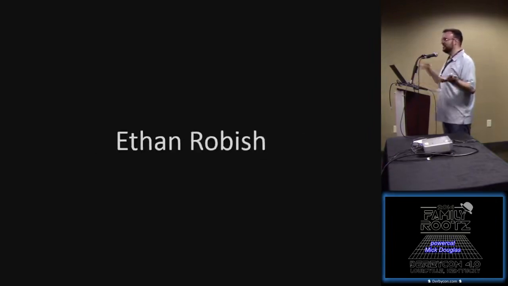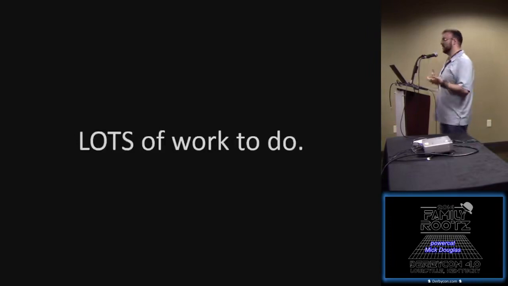And then Ethan came up with a great idea of, well, why don't you just check to see which particular instance of PowerShell you have, and then you can have different functions as appropriate or make the appropriate calls. So that's cool, but that's also bad because there's a lot of work to do yet. And what I'm going to be doing is taking Luke's version of the V3 and my V2 version and merging them.